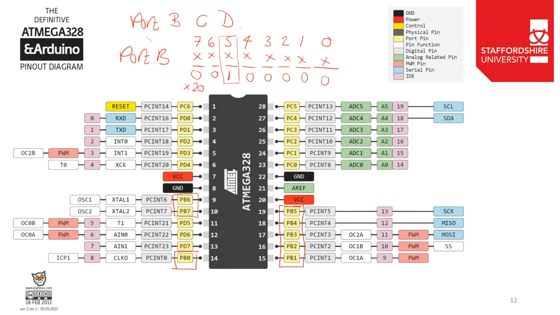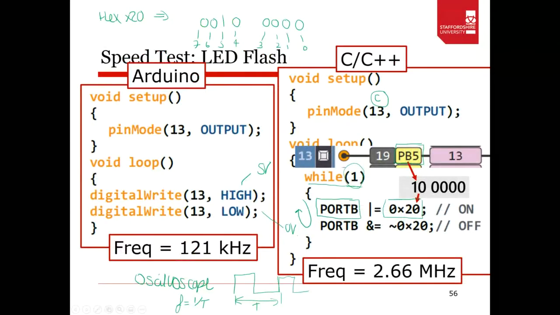I know I keep saying that, so let's go back to this one. So if we OR 20, what we're saying is in port B, on all of those pins, if you OR something with a 1 here, if port B previously was a 0, then we OR that pin with this 1, then the output is going to be a 1.